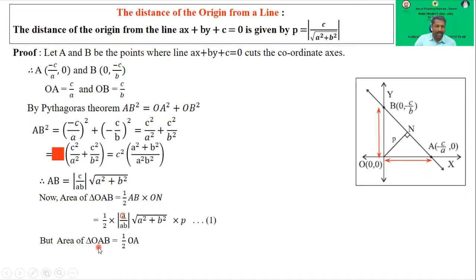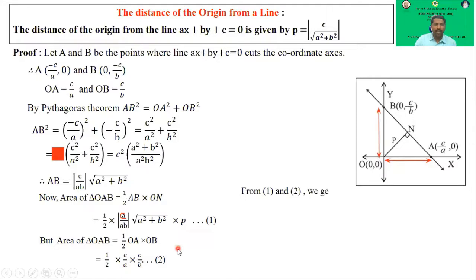But the area of triangle OAB is also half OA into OB. This is another way by which we can find the area of this triangle: half into base OA and height OB. The length of OA is c by a, and the length of OB is c by b.